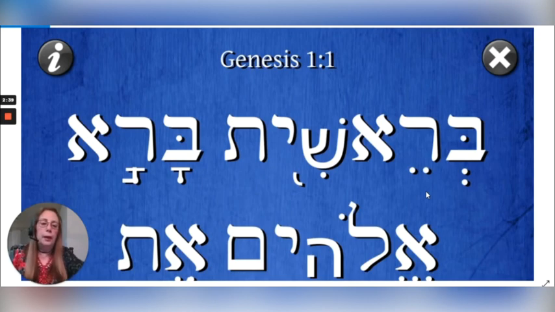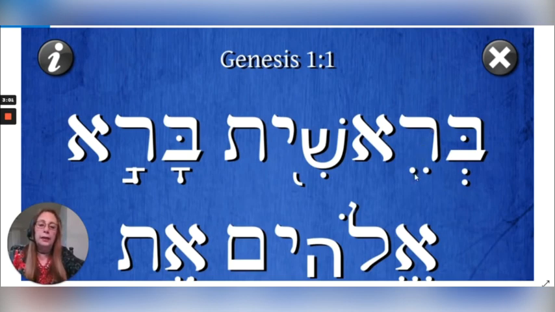So let's go to the next letter, and this is an R, equivalent to the English R sound, but the difference is that in Hebrew, the R's are rolling R's.